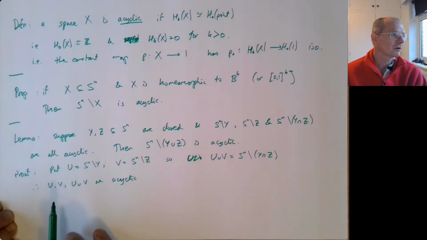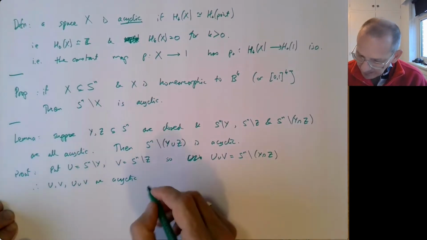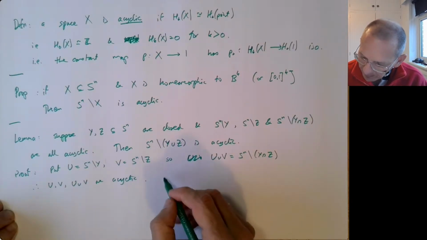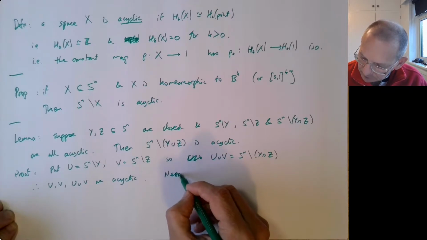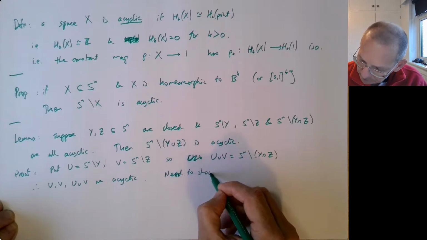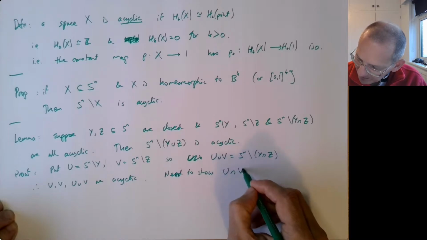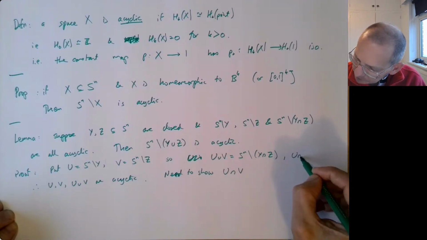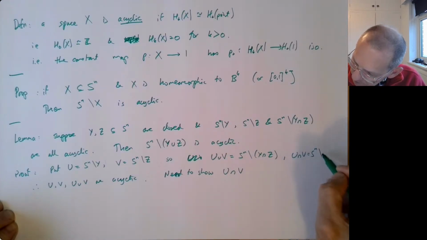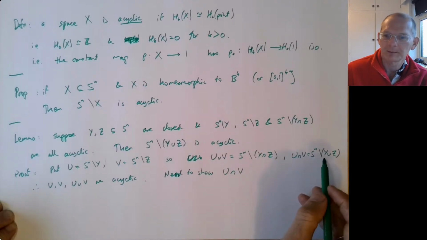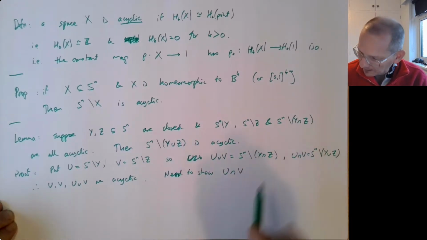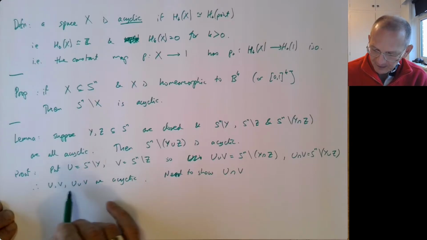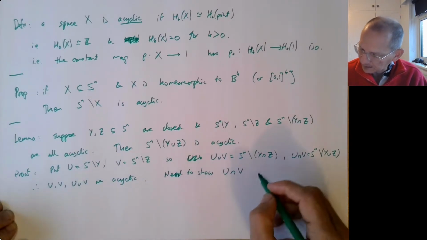So what we're saying is that U, V and U union V are acyclic, and we need to show that U intersect V is acyclic. U intersect V is the complement of the union, right? So complements convert unions to intersections and vice versa.